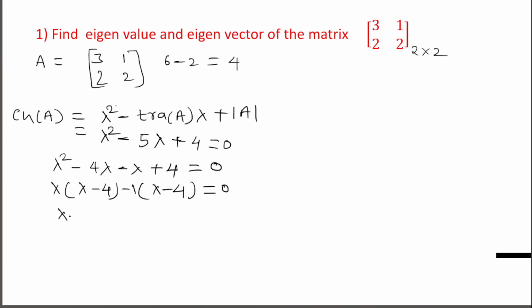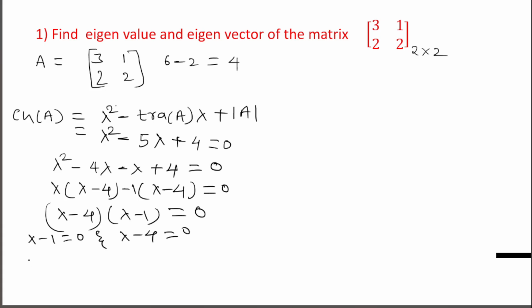Then here lambda minus 4 into lambda minus 1 will be the factors of this characteristic equation. Then its eigenvalue will be: lambda minus 1 equal to 0 and lambda minus 4 equal to 0.